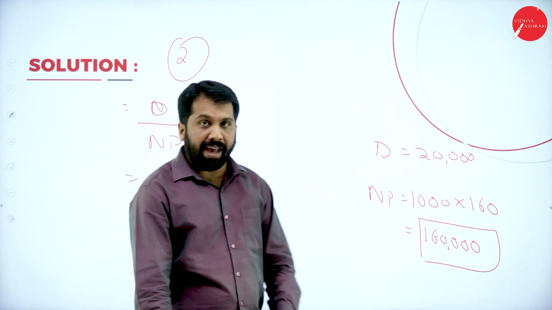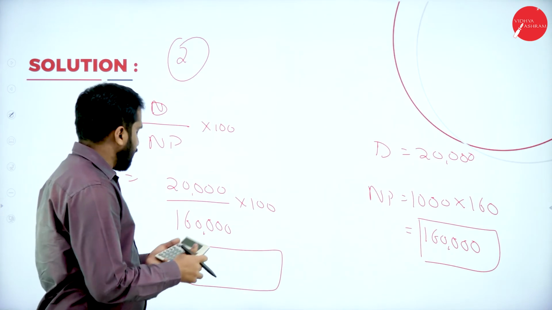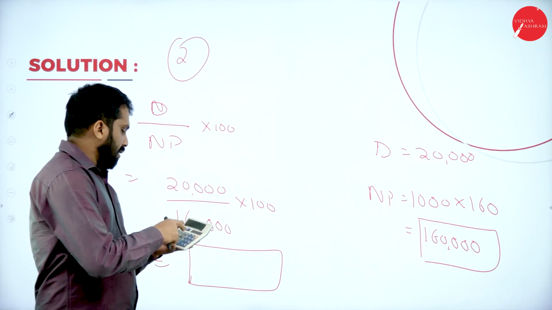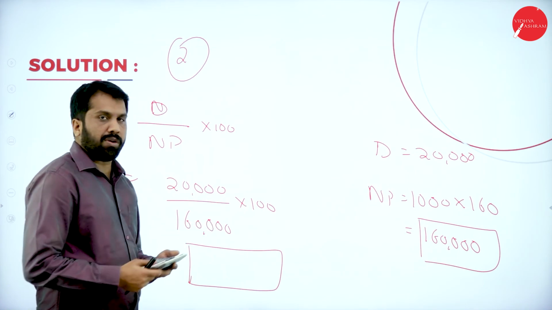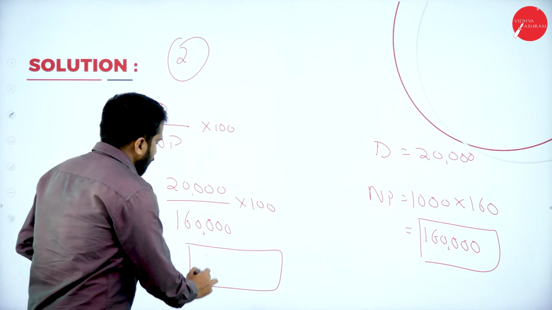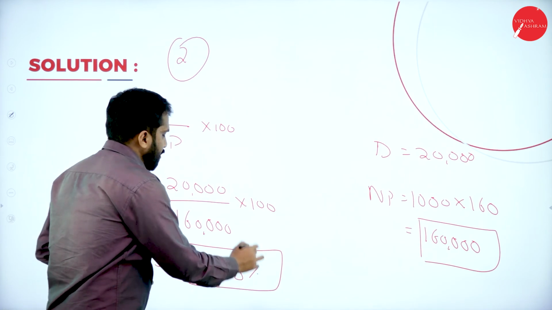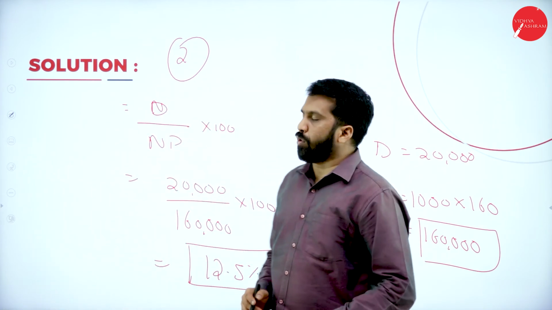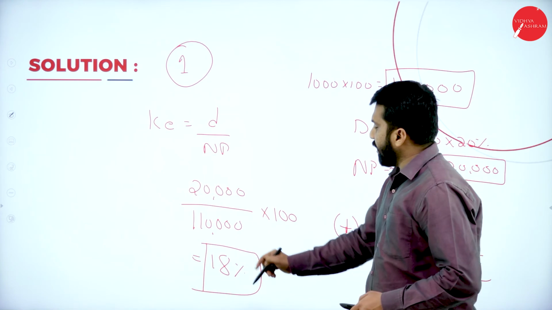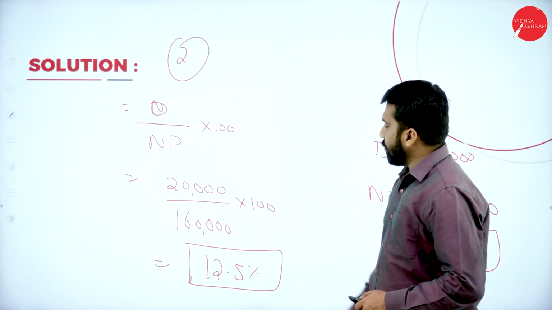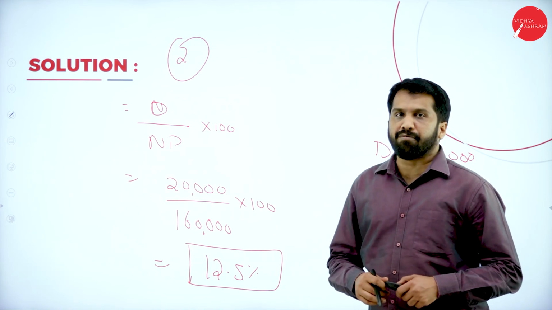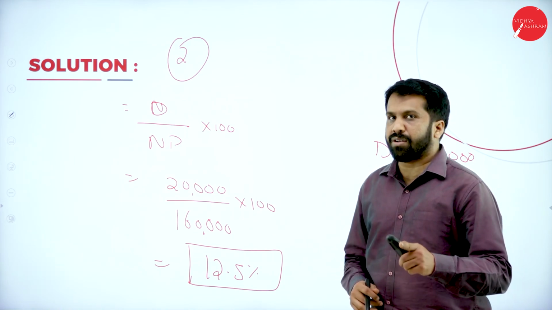Now, if you calculate this, it is 20,000 divided by 1,60,000 into 100. This will be 12.5%. Remember, if you go for the normal one, you will get 18%. If you go for 160, you will get around 12.5%. Any doubt? No doubt.